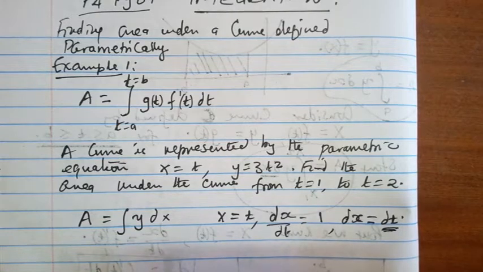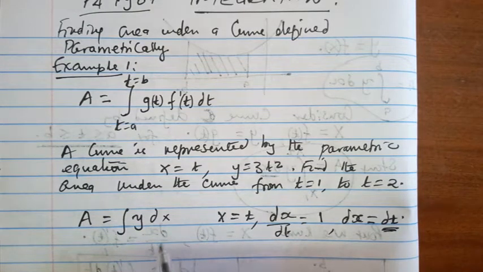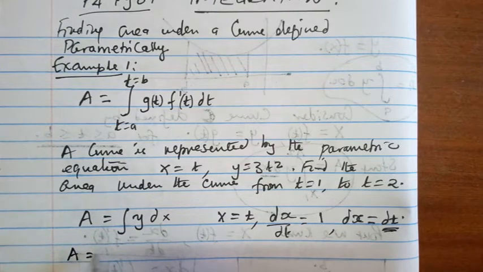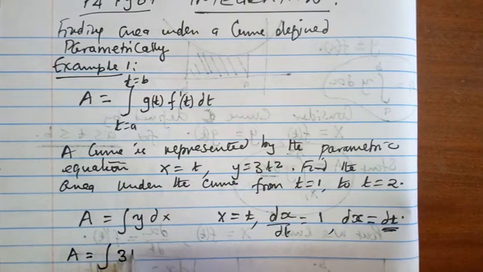And therefore, because we now want to get the area within this region, A equals the integral of y, which is already in terms of t, 3t squared, dx, and dx is dt.